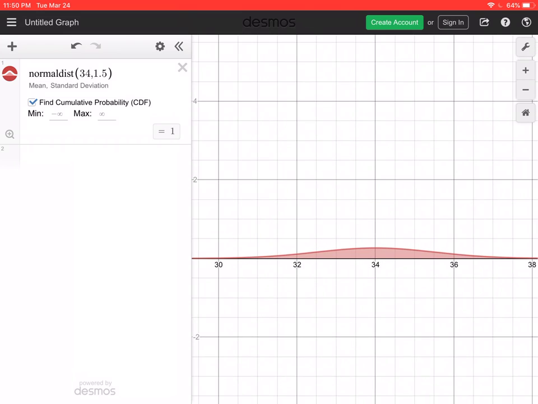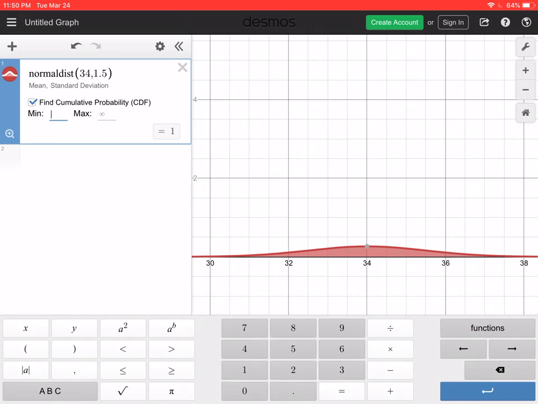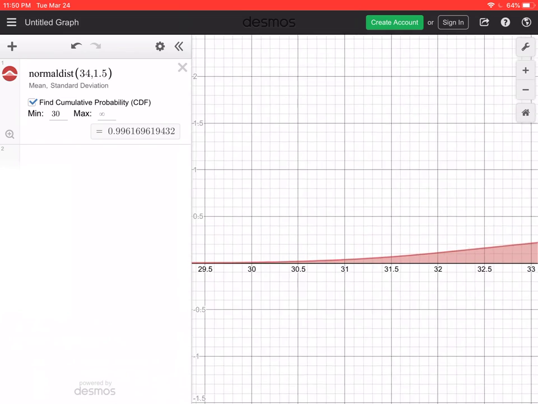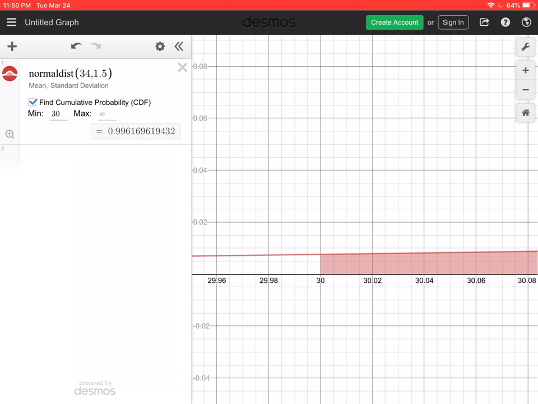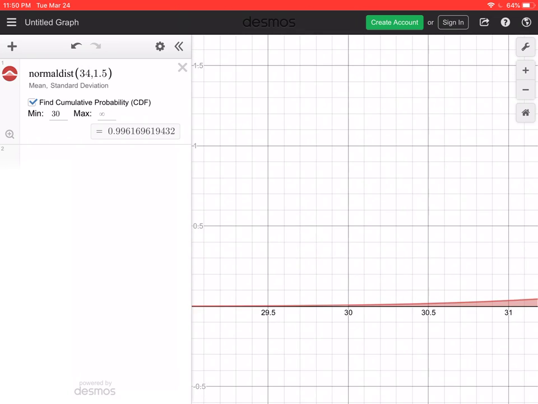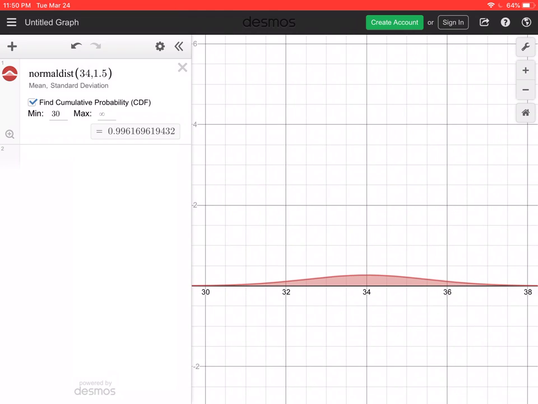So notice 30 is pretty far out on the left over here. So we want everything from 30 and up. If you zoom in really close, you can see it does start at 30, right? It does cut it off there. And then it's just going to grow infinitely on beyond that.